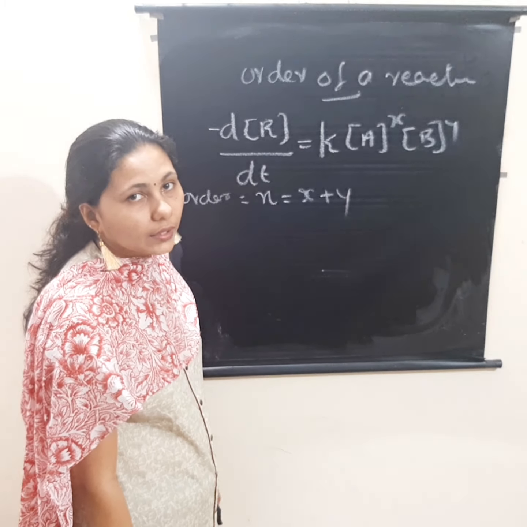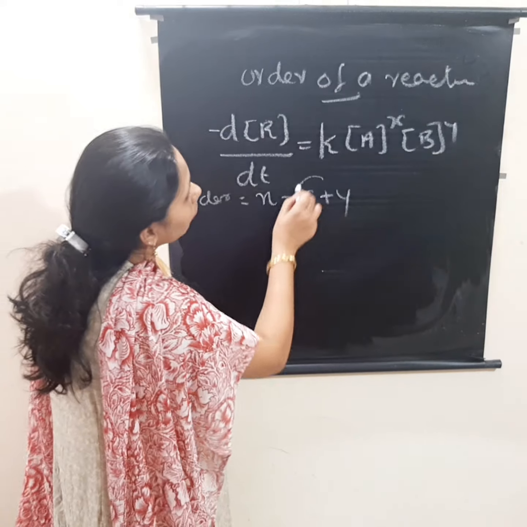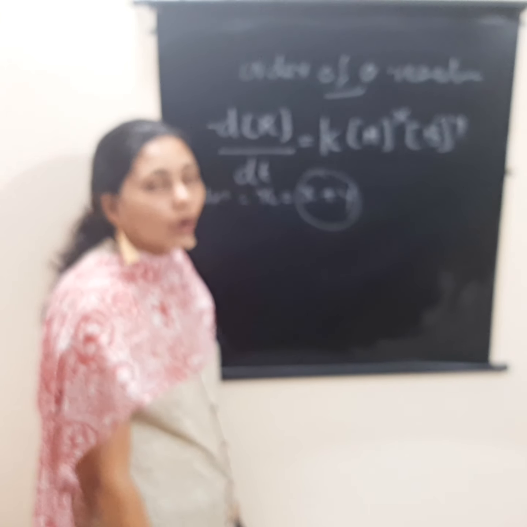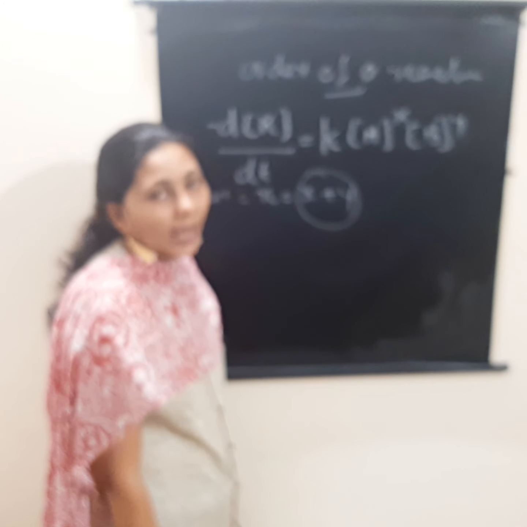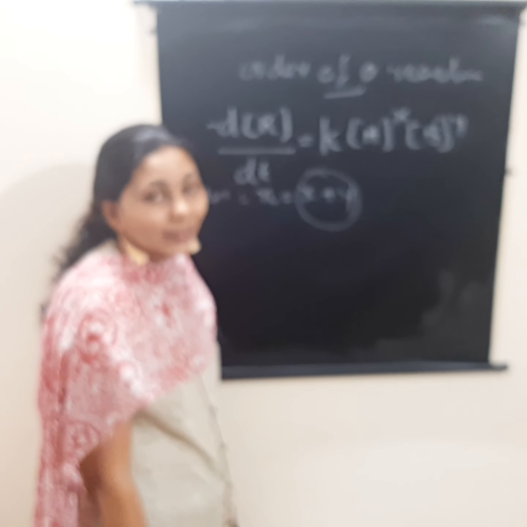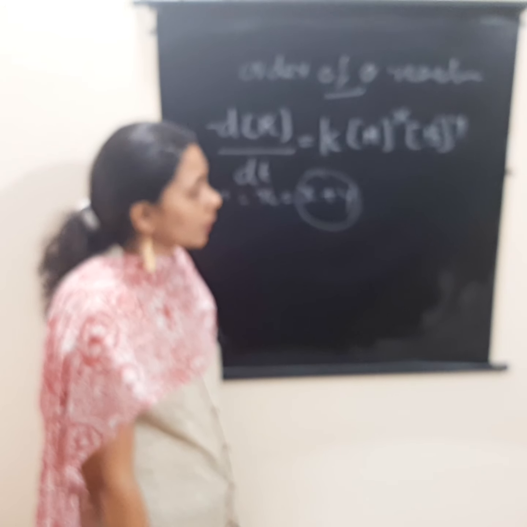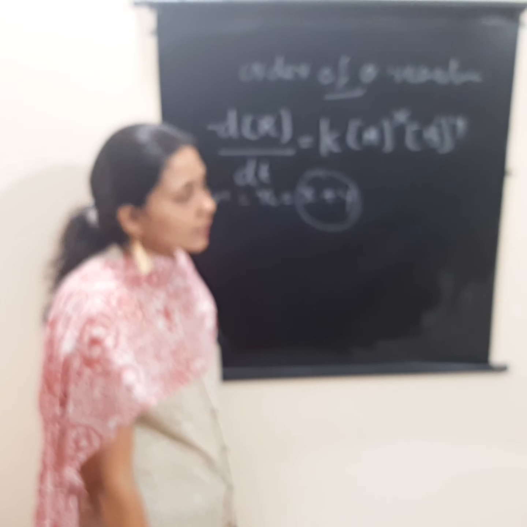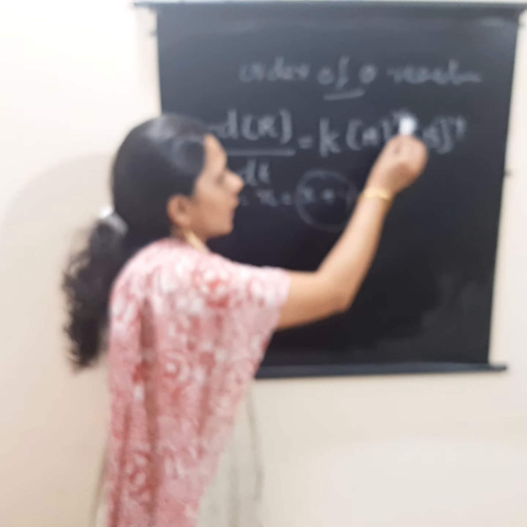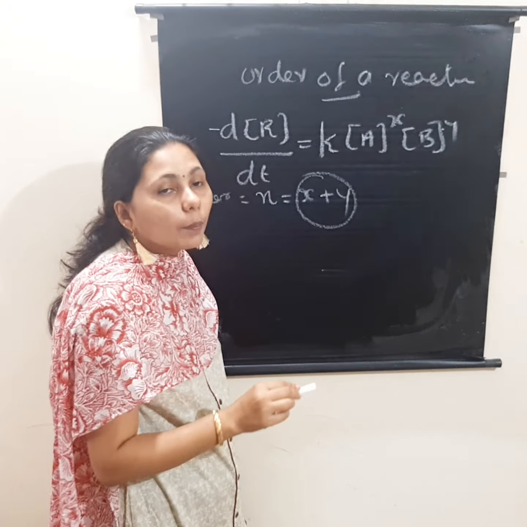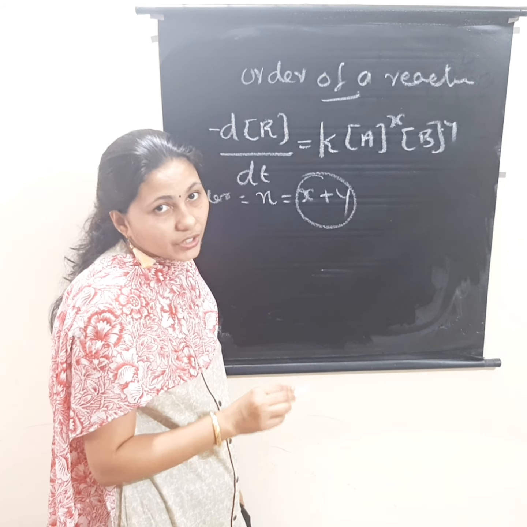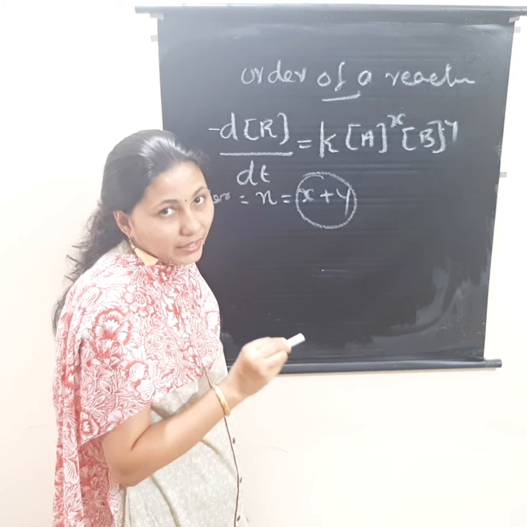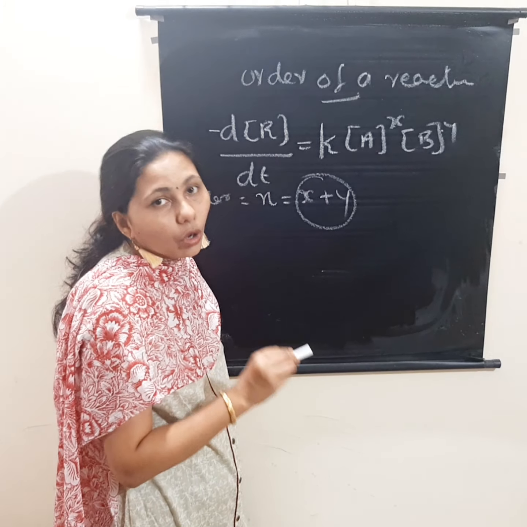So what is the order of a reaction? It is the sum of the powers of the reacting species in each reacting term in the rate law expression. Okay. So what is the order? It is the sum x plus y. It is the sum of powers of concentration terms of each reactant in a rate law expression.